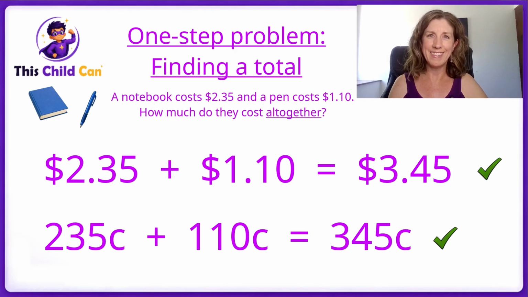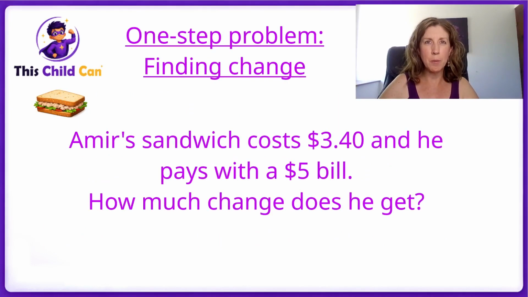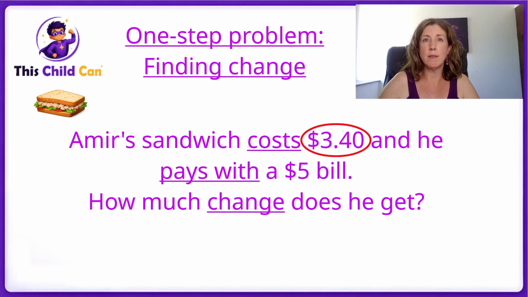if they need to. Let's now look at another one-step problem, finding change. Amir's sandwich costs $3.40 and he pays with a $5 bill. How much change does he get? Like before, we'll start by underlining those key words: costs, pays with, and change. So what's the money story this time? Well, Amir's sandwich costs him $3.40 and he gives the cashier a $5 bill.